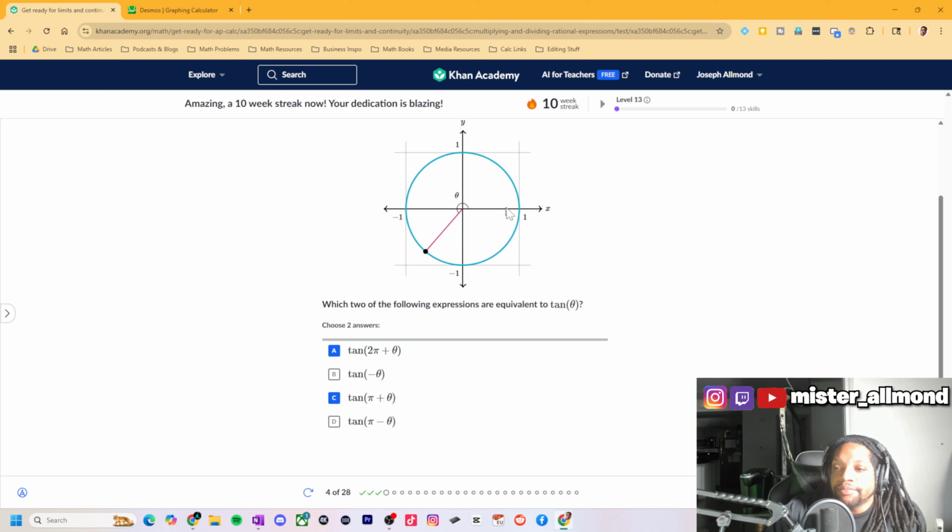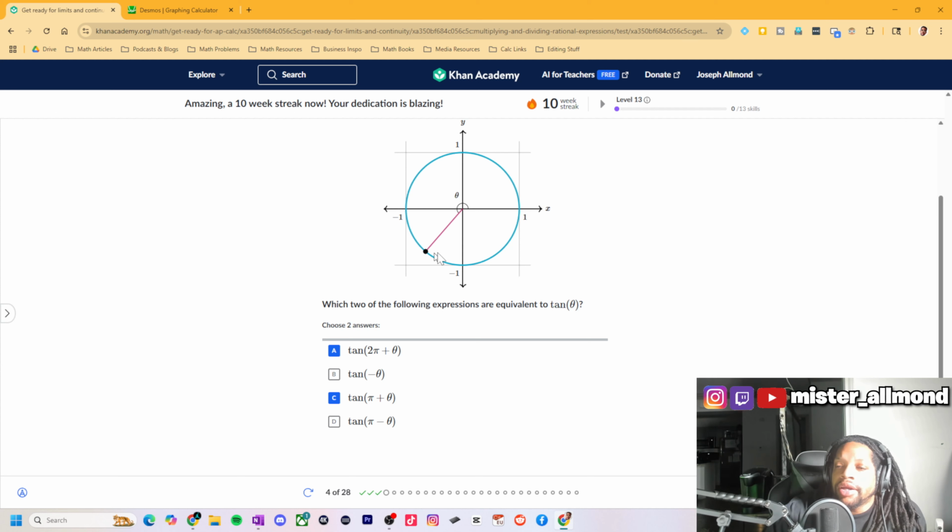Because actually, hold on. Let's see. If you do pi, and then, yeah, no, that should keep it positive. Let me try D real quick.